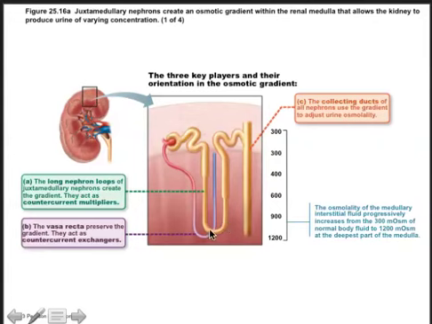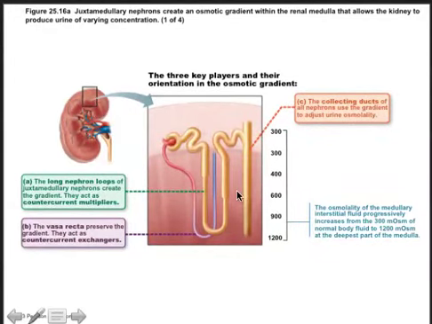The more concentrated the solute is, the hotter these pumps run. As a result, deep in the medulla, you're going to have more salt pumped out per unit time, more sodium rather, than you are going to have more towards the cortex. Okay? And that's why as we go deep into the medulla, we're very, very salty. The gradient's very, very strong.